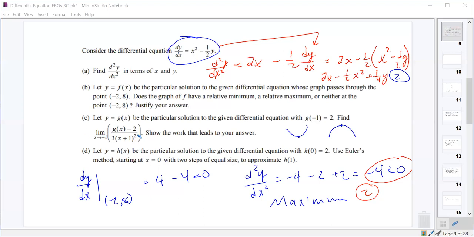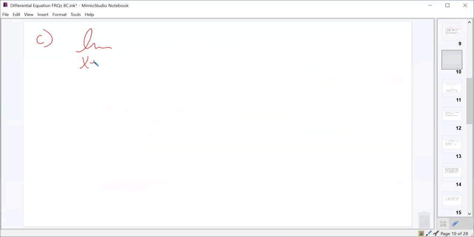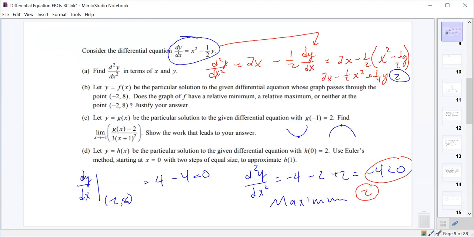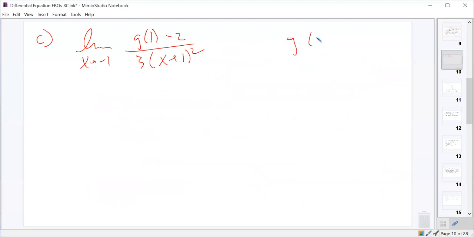So we're looking for this limit. So let's write this out. Limit as x approaches -1 of g of x minus 2 over, what was it, 3 times x plus 1 squared, I think. Yeah. And since we know that g of -1 is 2, this is 0 over 0, which means we can use L'Hopital's rule.